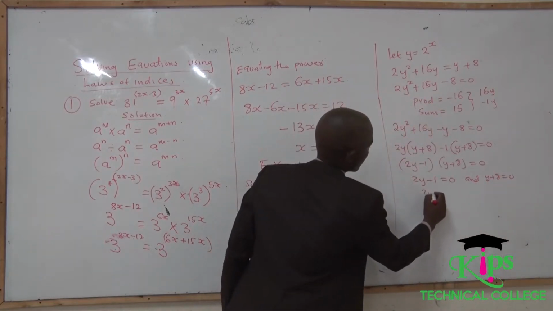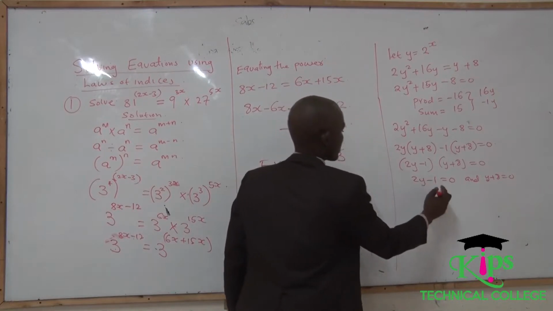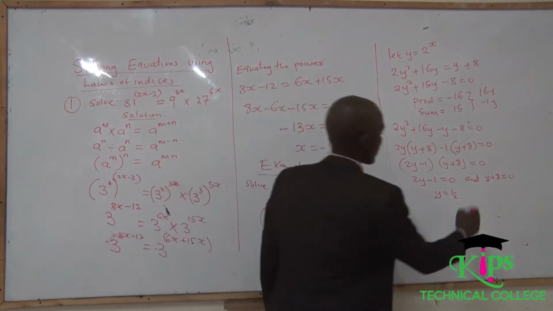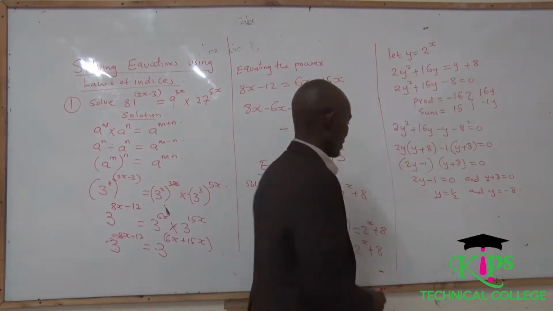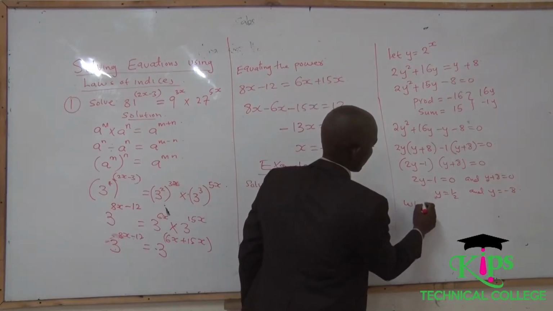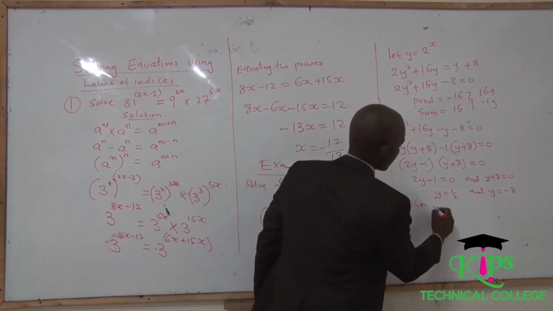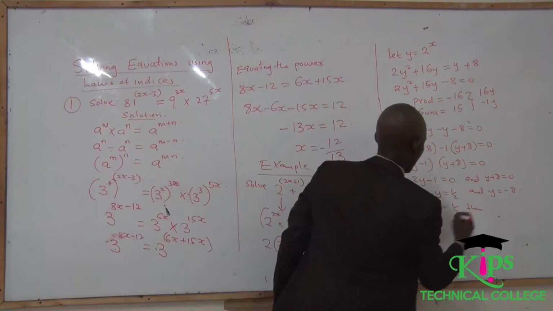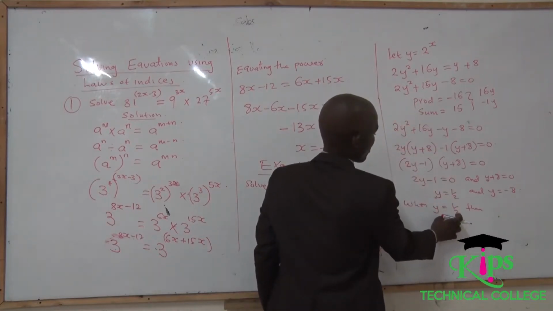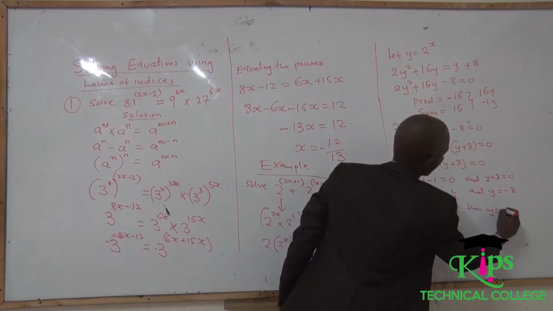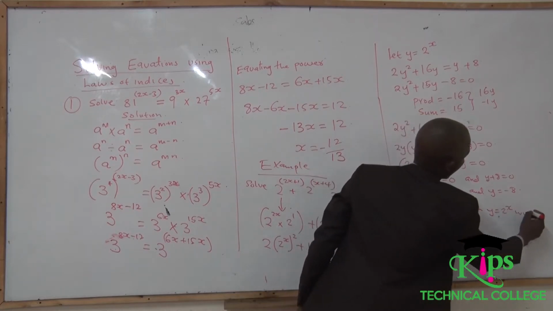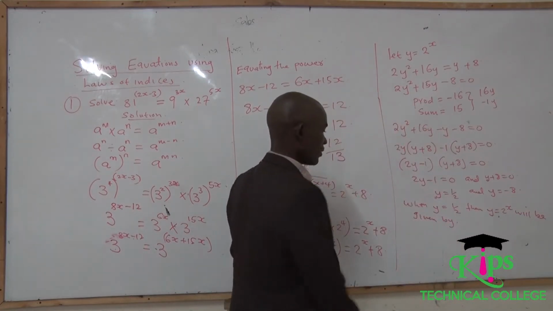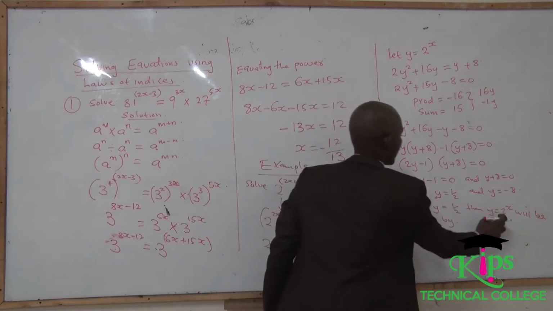You will get here 2y. From this particular expression, y becomes a half. And so you need to go back there and say, when y is equal to a half, then we want to substitute this value. Then y is equal to 2 raised to x, so we need to substitute this value of y here.